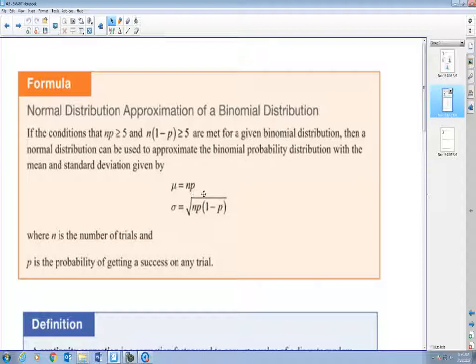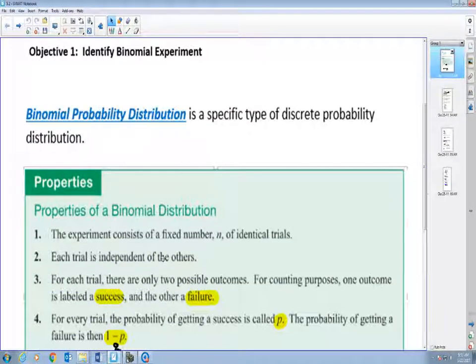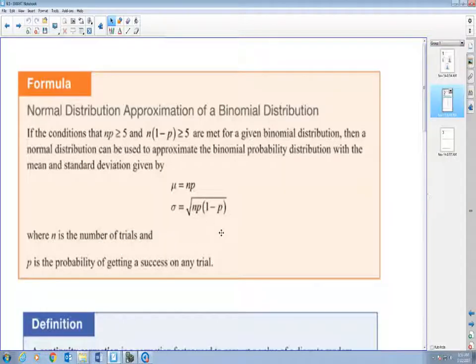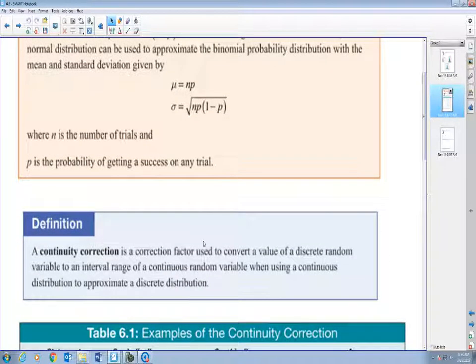So n times p, as you can recall back in lecture video 5.2, is how we find the mean for the binomial distribution. n times p times q will be our variance, sigma squared. So to find the sigma, we take a square root. So make sure you find this on the formula sheet.